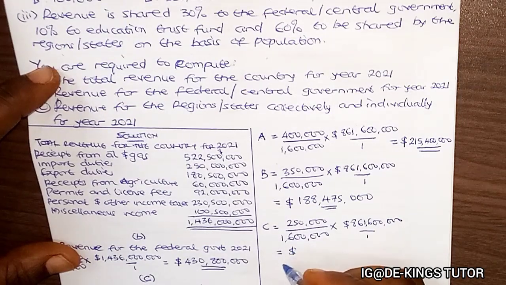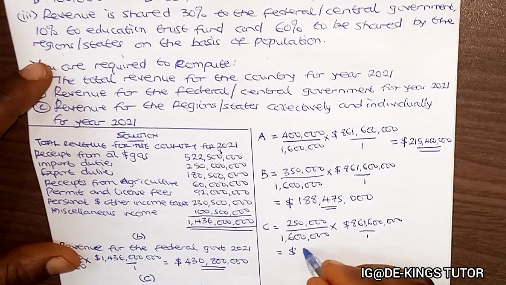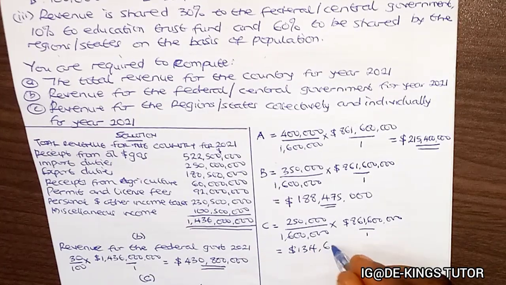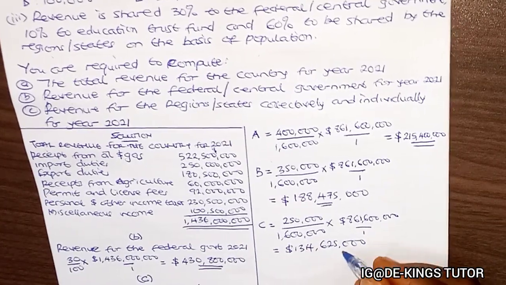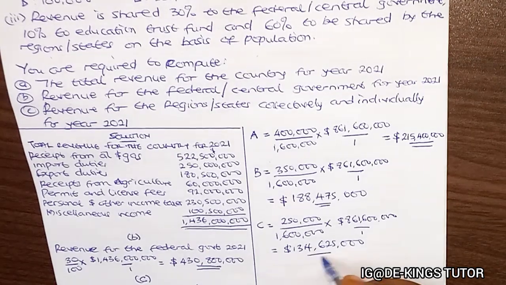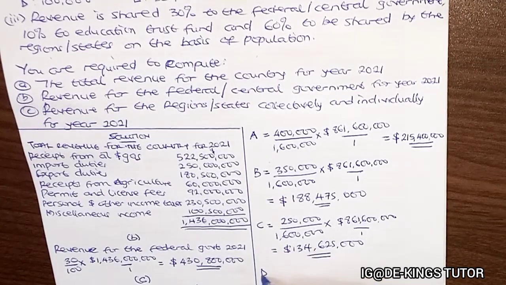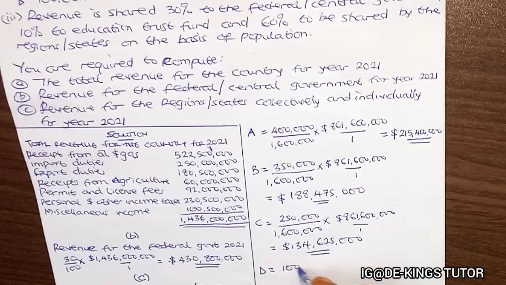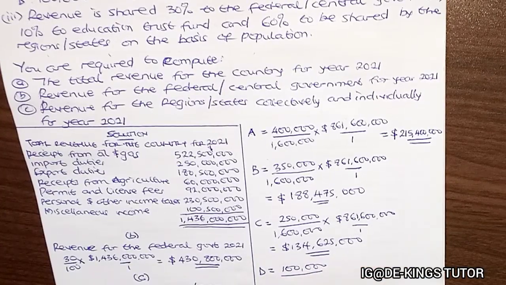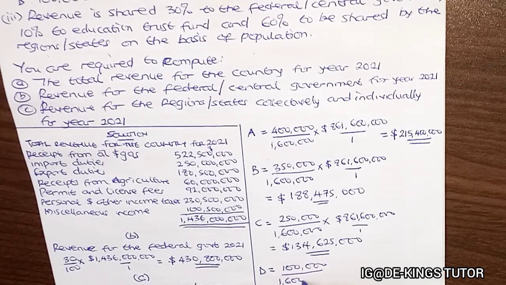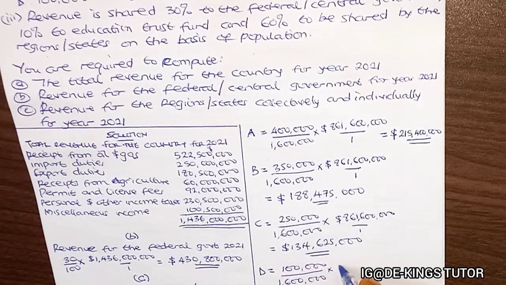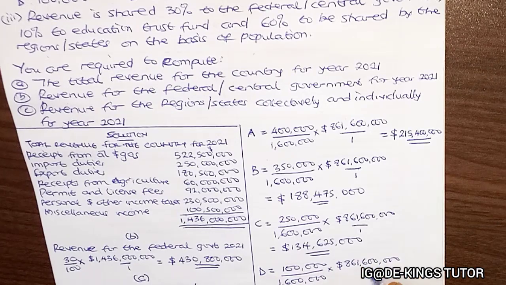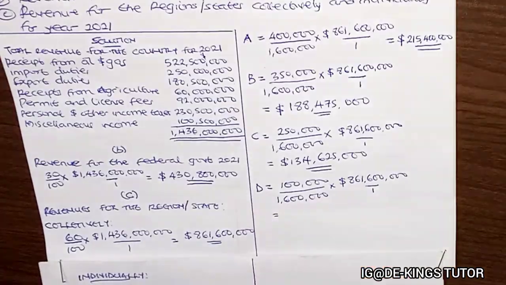From my calculator, it will give me 134,625,000. That's for C. The next one for D, population is 100,000, so it will be 100,000 divided by 1,600,000 times 861,600,000.